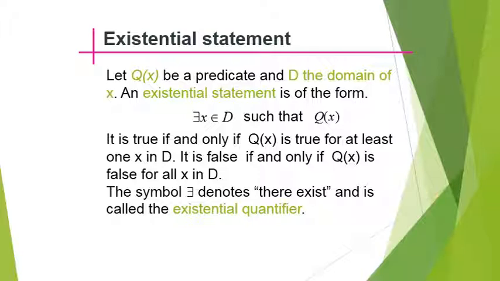An existential statement is of the form: there exists x belonging to D such that Q of x. And this existential statement is true if and only if Q of x is true for at least one x in D. And it is false if and only if Q of x is false for all x in D.